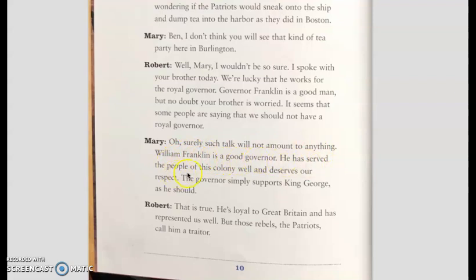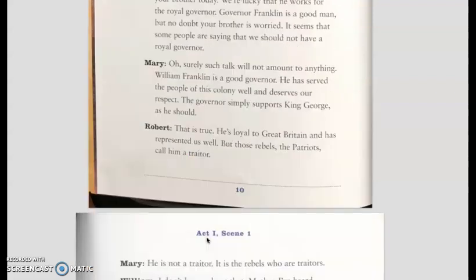He has served the people of this colony well, and deserves our respect. The governor simply supports King George, as he should. Robert. That is true. He is loyal to Great Britain and has represented us well. But those rebels, the patriots, call him a traitor.